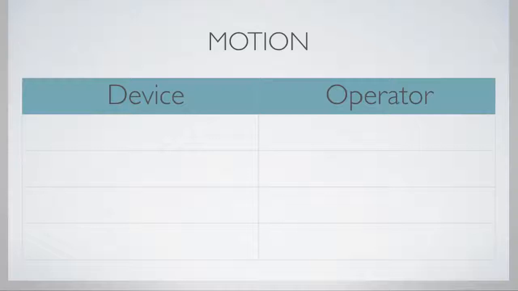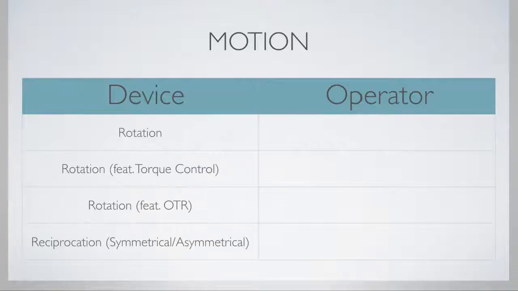Another thing I want to bring to your attention is the concept of motion as a whole, which isn't just the function of rotation versus reciprocation, but a division in terms of how we define motion between the device motion and the operator motion. Traditionally, the device motion was originally rotation, and then later on the manufacturers added control to the handpieces so that if the file was getting over torqued, it would reverse back.